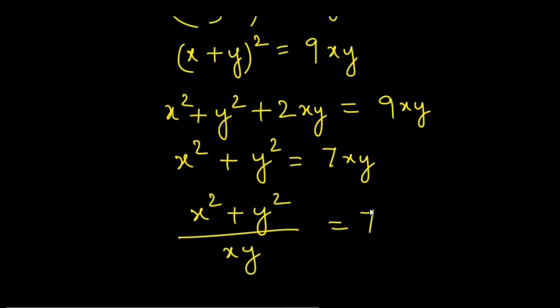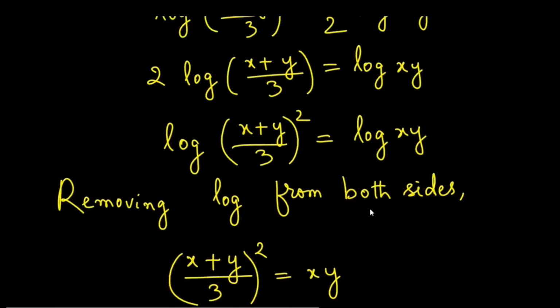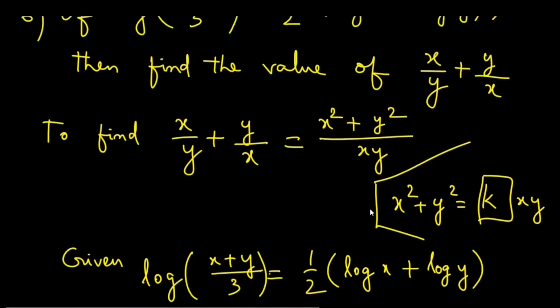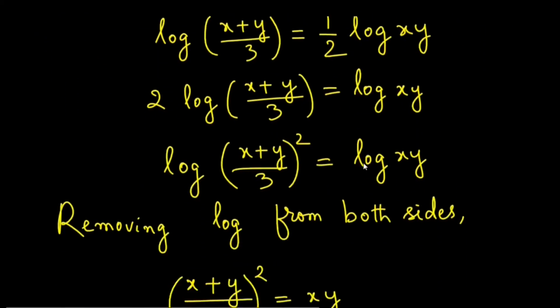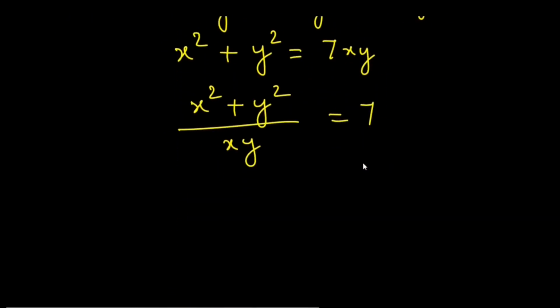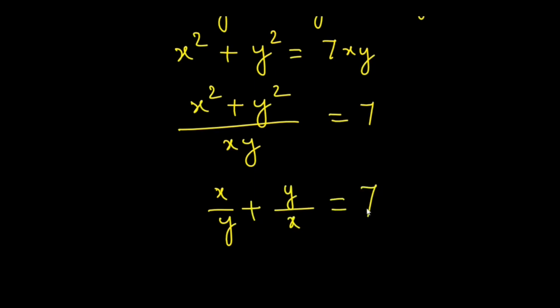This is what is asked to find. We are asked to find x by y plus y by x. So x square plus y square by xy is the same one. So we can write this as x by y plus y by x is equal to 7.